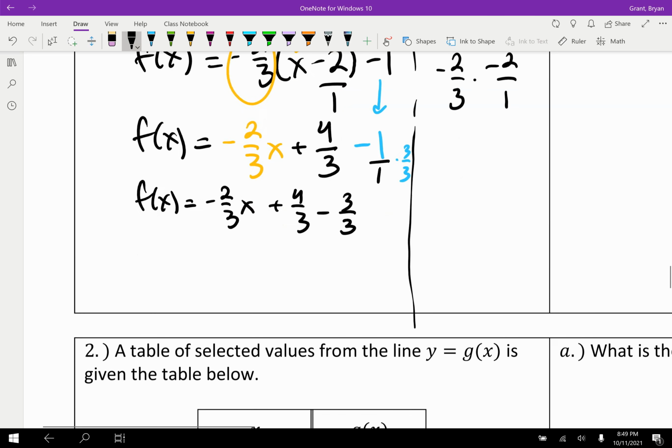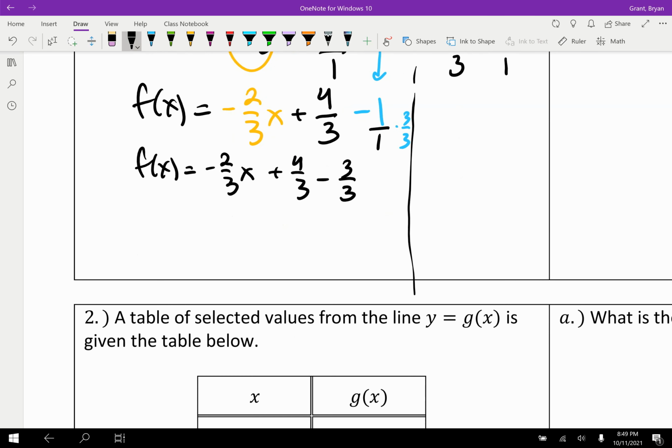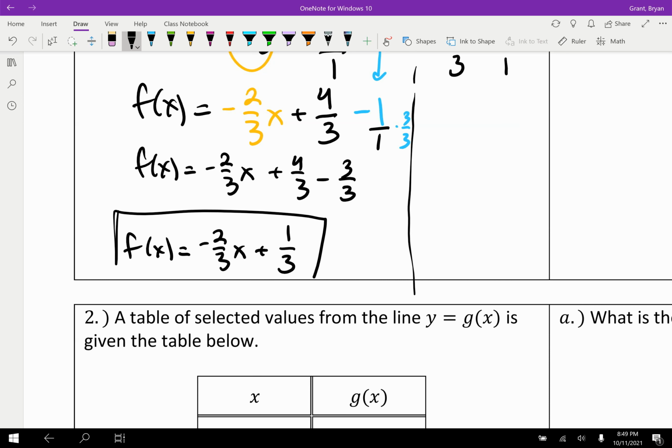It's just written in a different way so that we get common denominators. So f of x equals negative 2/3 x. 4 of something minus 3 of that thing give you one of those, and we are measuring this in thirds. 4/3 minus 3/3 is 1/3.